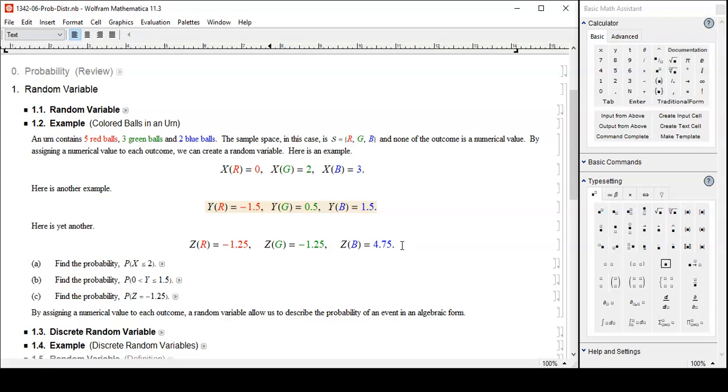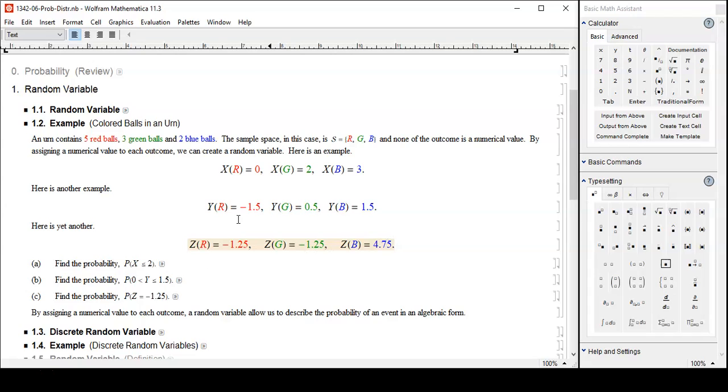Of course, you can play something completely different with something completely different rule like this. In this case, the distinction between red and green does not exist because as far as this random variable, this payoff structure is concerned, red or green, they're both negative 1.25, the same as before. I mean, they're the same, so they're indistinguishable.